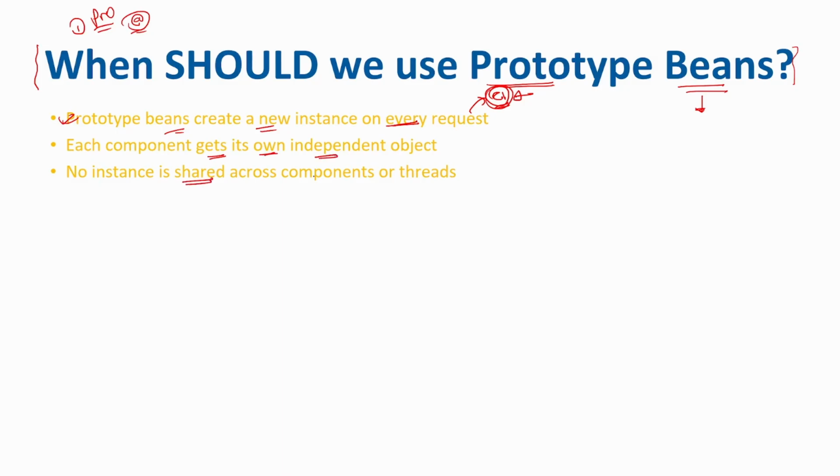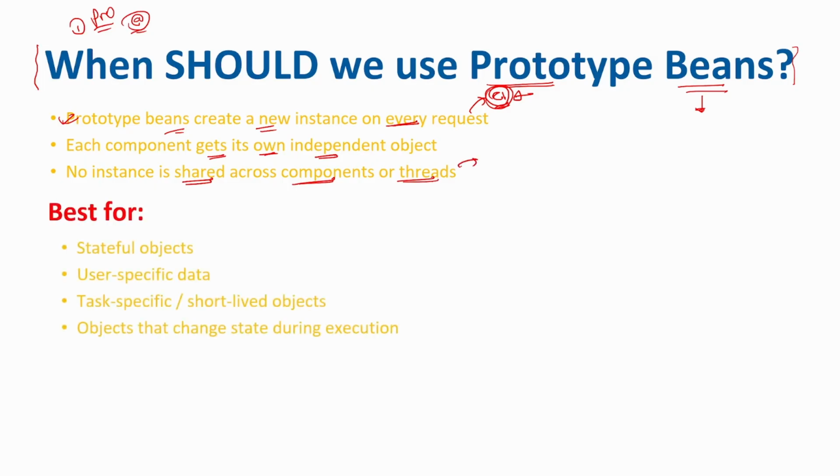So no instance is shared across components or threads. That's why it becomes thread safe. Therefore it is best for holding state or user specific data, task specific or short lived objects that change state during execution.